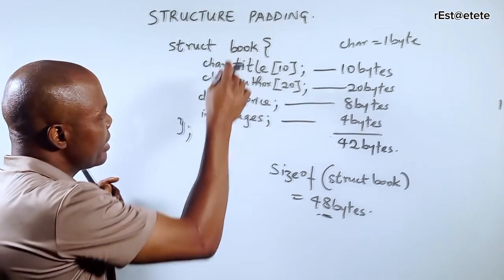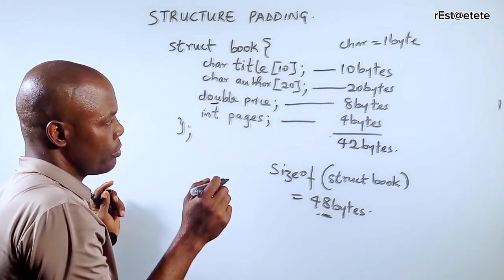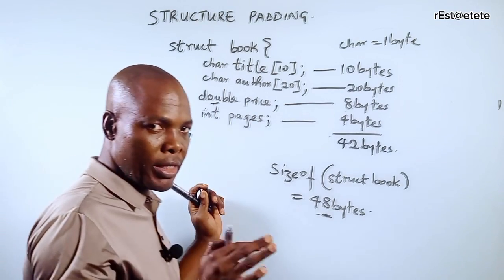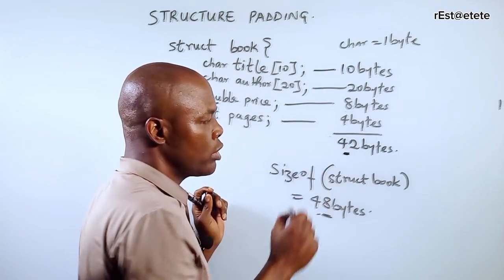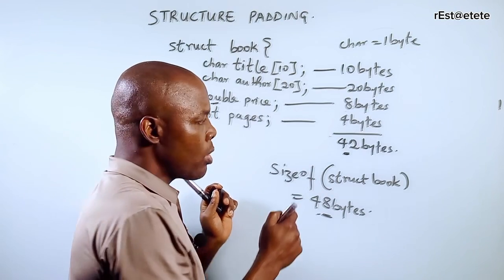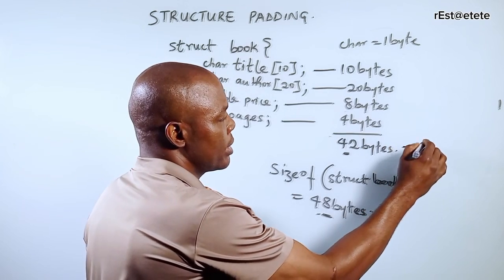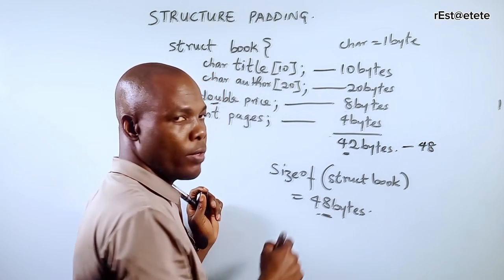And the largest member in this now is what? Double, which is 8 bytes. So it's going to do it in multiples of 8. So 42 is not a multiple of 8. So what will it do? The next multiple of 8 is 48. That is why it's giving you 48 bytes.